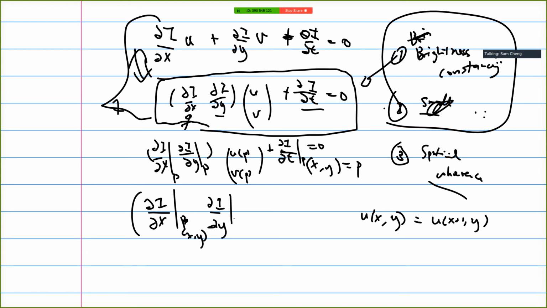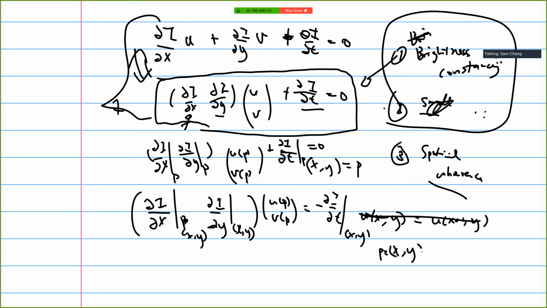Del y at x y here. I have, let me write u v at p again, is equal to minus this partial I partial t at x y here. And again, my p is x y, let's say. Then my x plus 1 is the same thing, right?